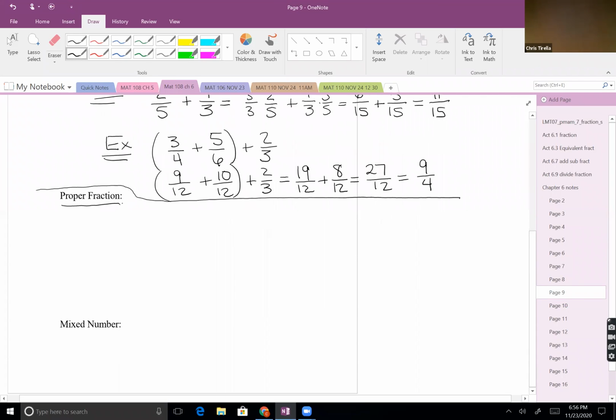How many of you have heard of a proper fraction? What does it take for a fraction to be proper? A over B is a proper fraction.